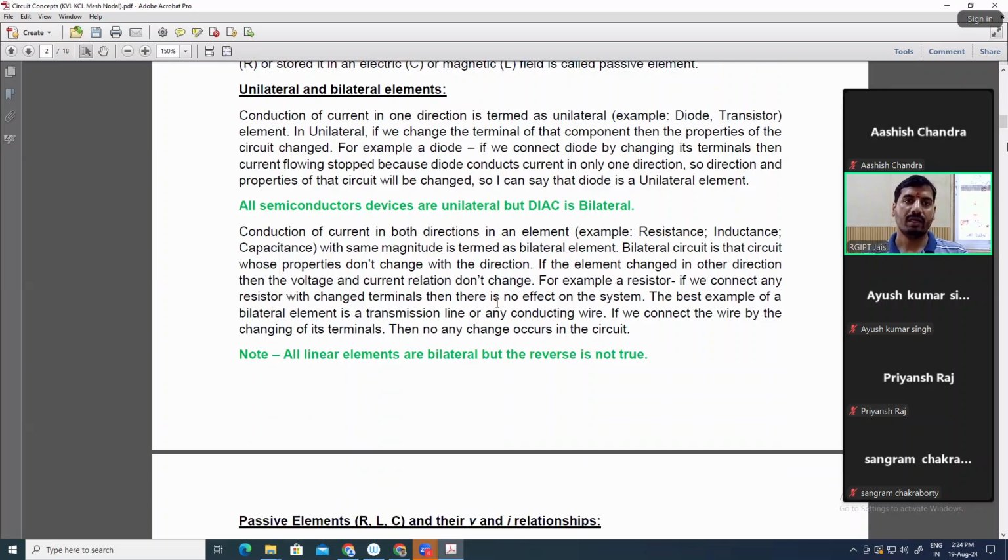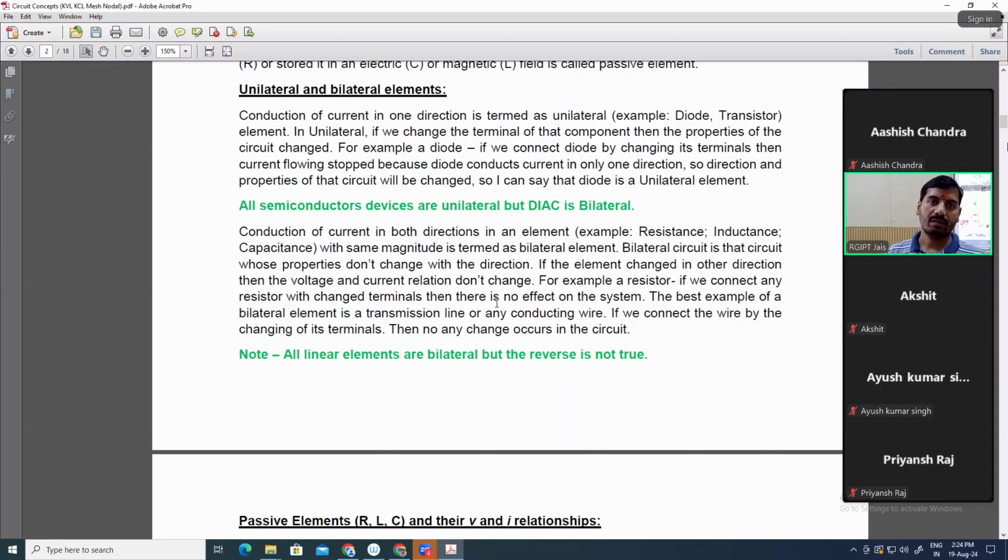Next is unilateral and bilateral elements. Excuse me, sir, is a resistor an active element? No, a resistor is a passive element, because a resistor has no energy in it.